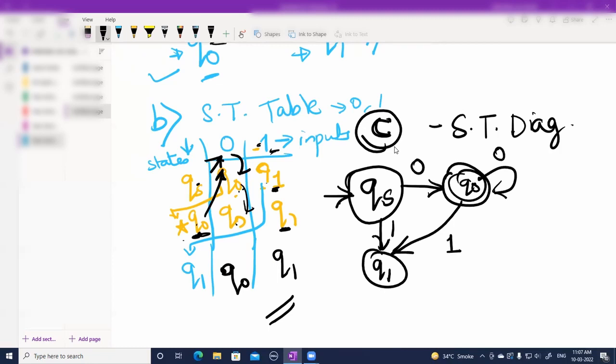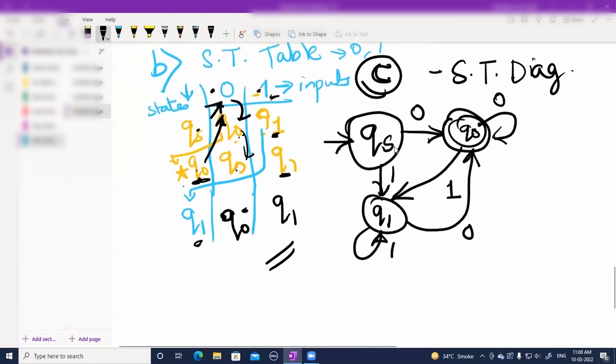Now Q1 on 0 goes to Q0, so from Q1 we draw an arrow labeled 0. Now Q1 on 1 goes to itself, like this.